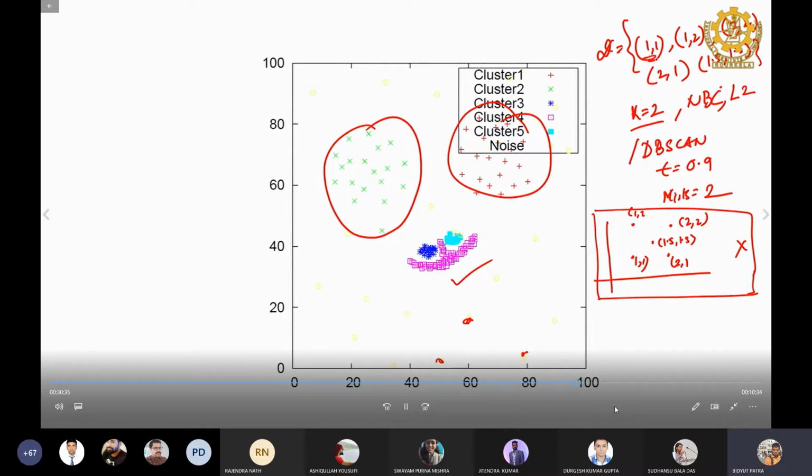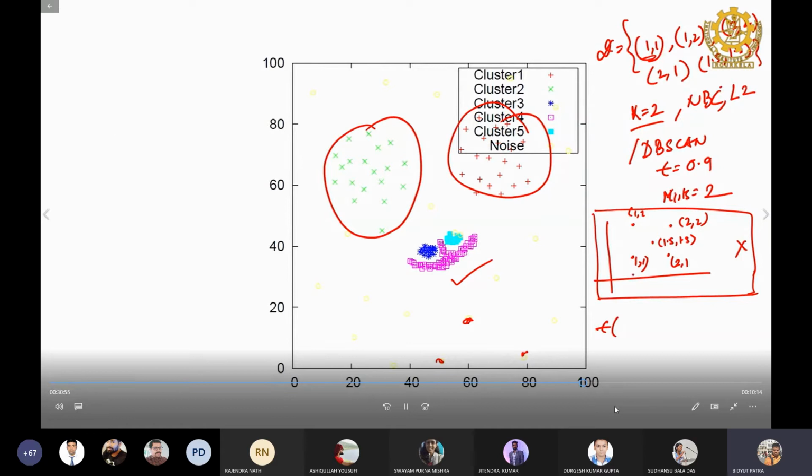Ideally, what you do is find which points are within the epsilon, to test whether the point is a core point or not, right? So you compute the distance from 1, 1 to 1, 2 and all other points. How many points will be within the epsilon of the point?